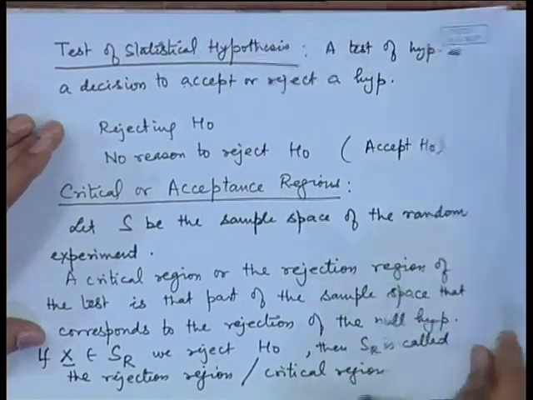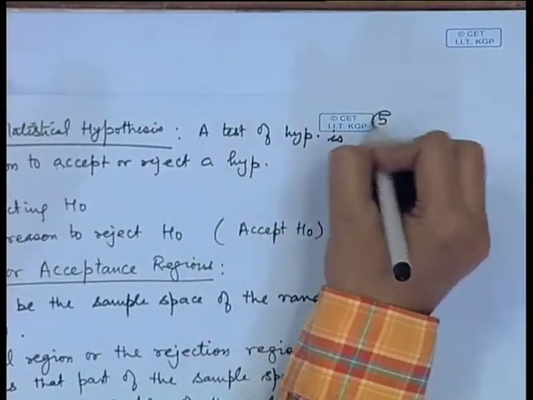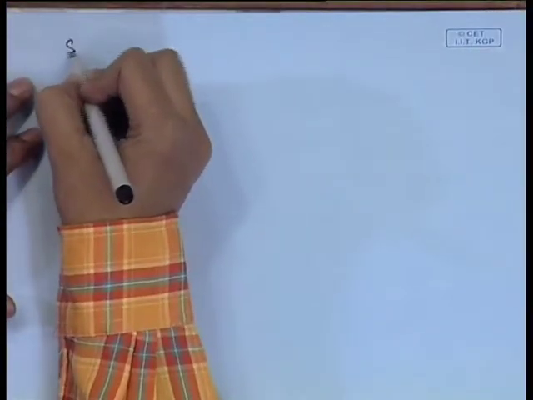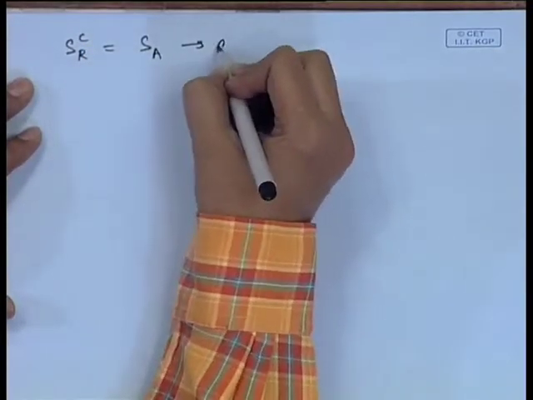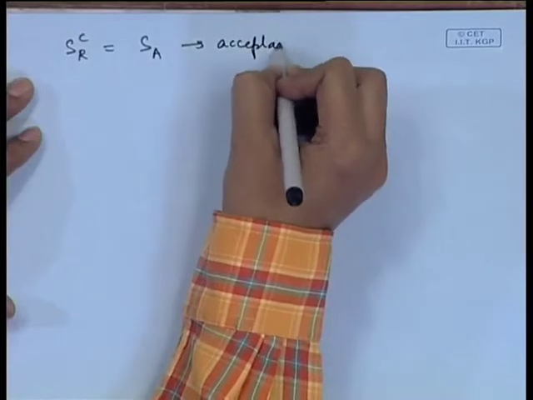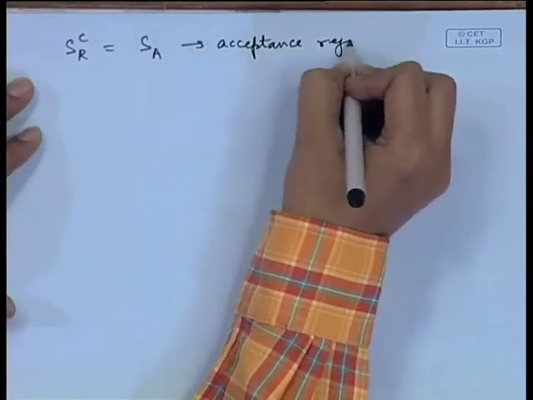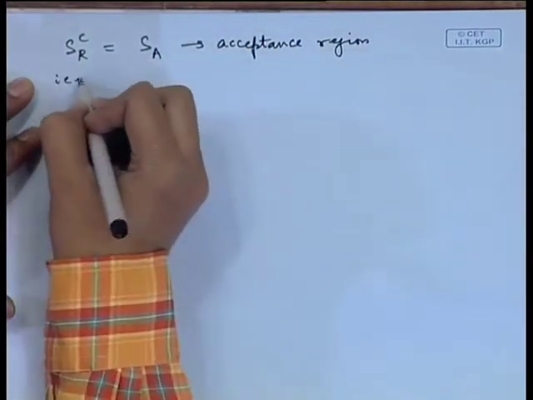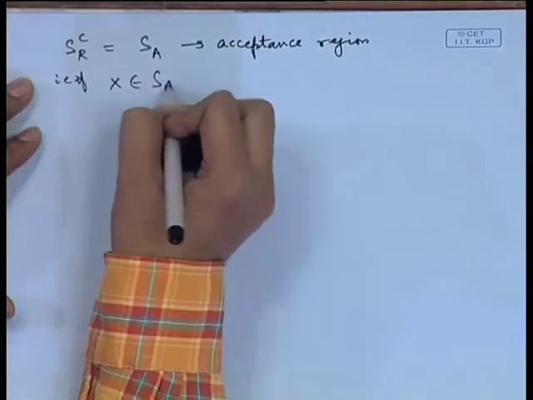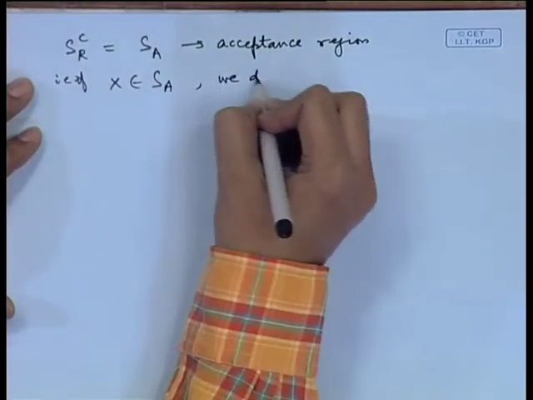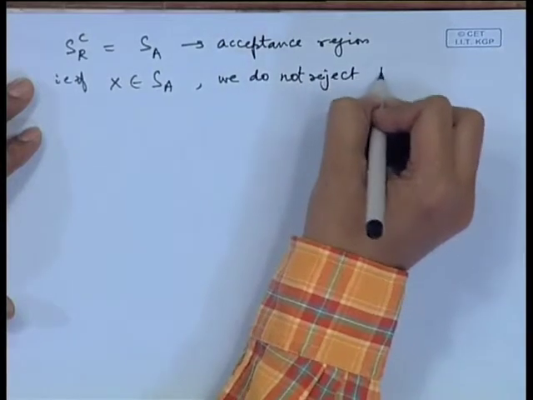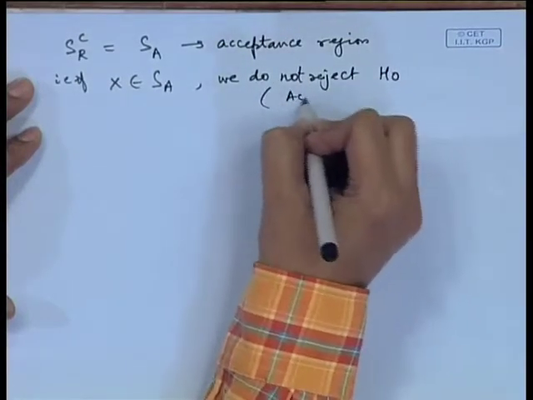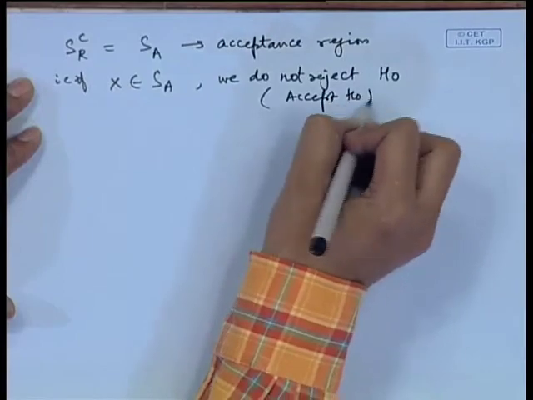And obviously, the complementary region of this, that is S R complement, we can call it S A, that is the acceptance region. That is, if x belongs to S A, we do not reject H naught, or we can say we accept H naught.